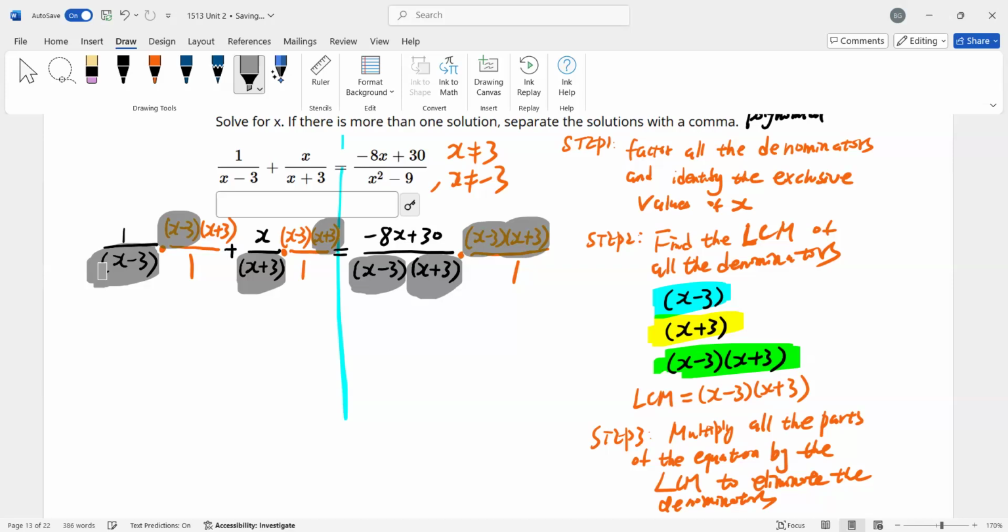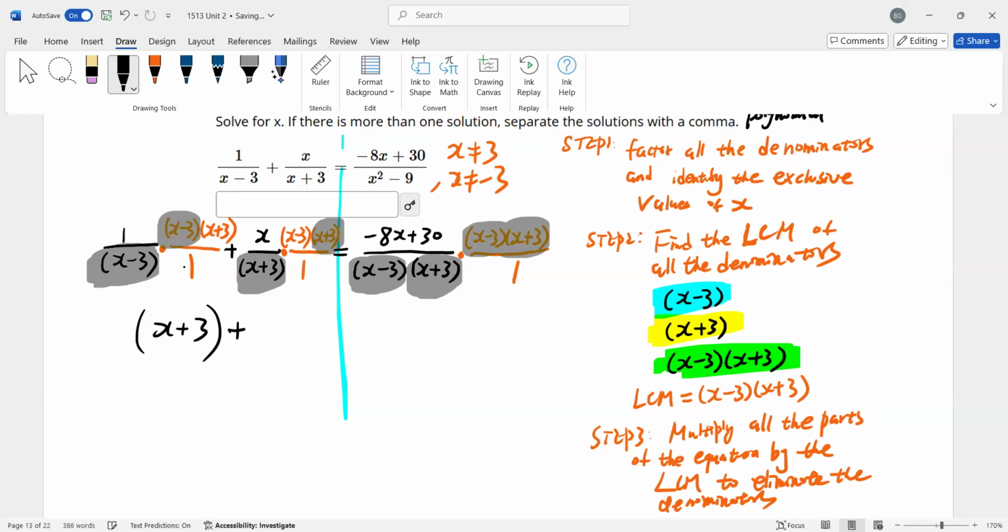They're gonna disappear. And the leftover, let's clean it up. The first part only have nothing on the bottom, right? You will see the bottom are all gone. All the denominators are eliminated. So we won't have denominators anymore. And the first part is just x plus 3. If you want, you can still keep the parentheses, doesn't matter.